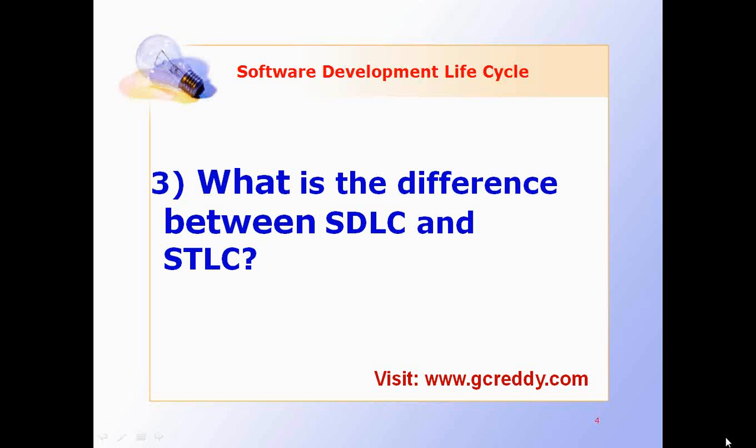Software development life cycle involves the complete verification and validation of a process or a project, whereas software testing life cycle involves only validation. Software development life cycle involves business requirement specifications, analysis, design, software requirement specifications, development, next testing, next release and maintenance.